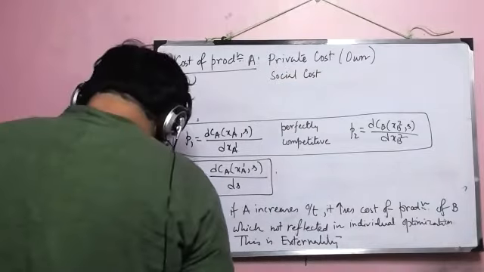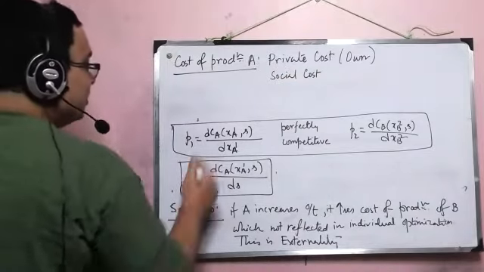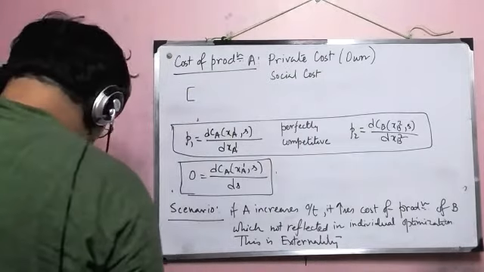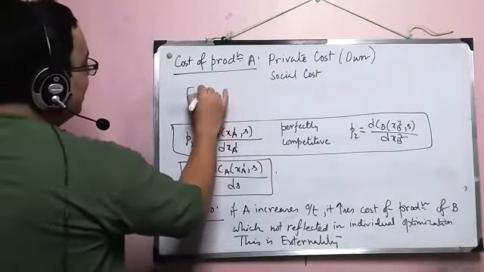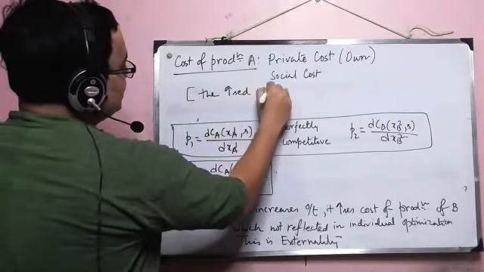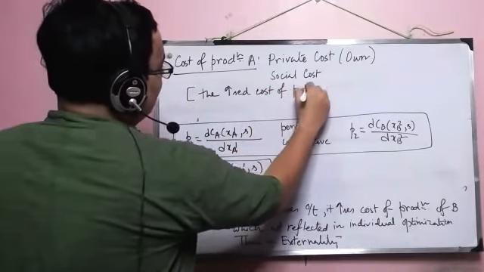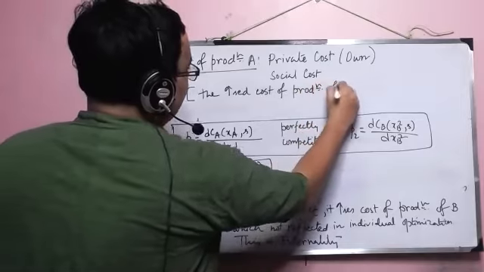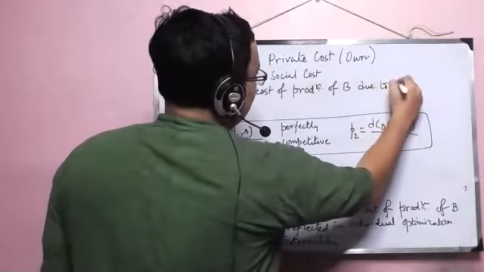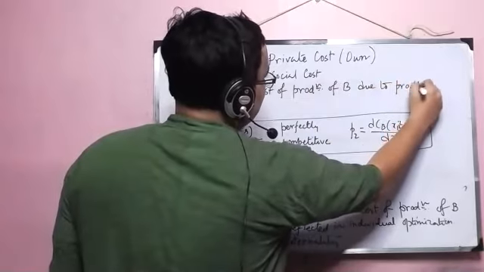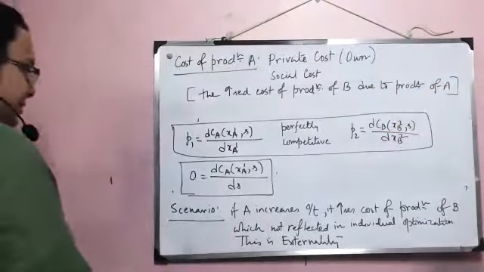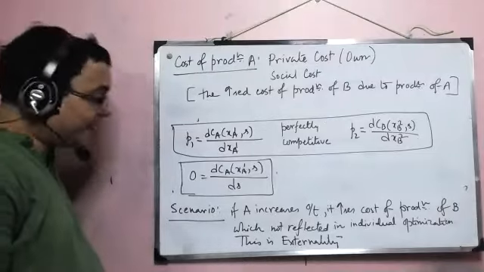Okay, so what will our social cost include? Our social cost will include the increased cost of production of B due to production of A. That's what our social cost will include.